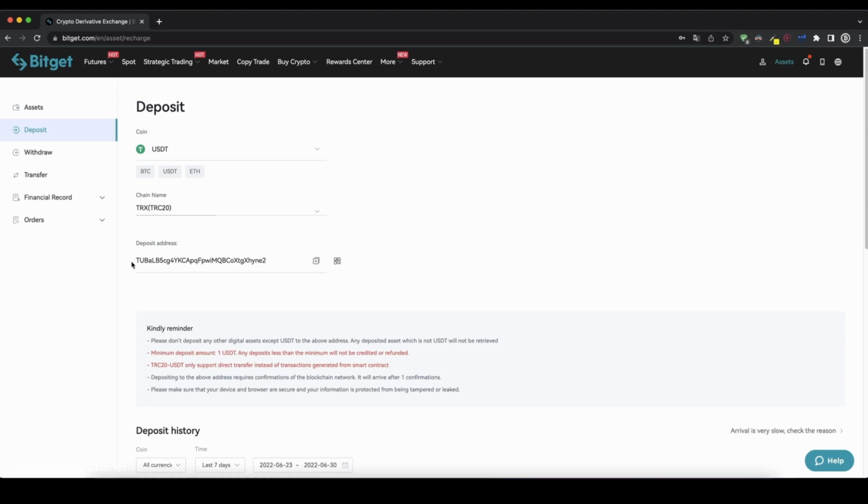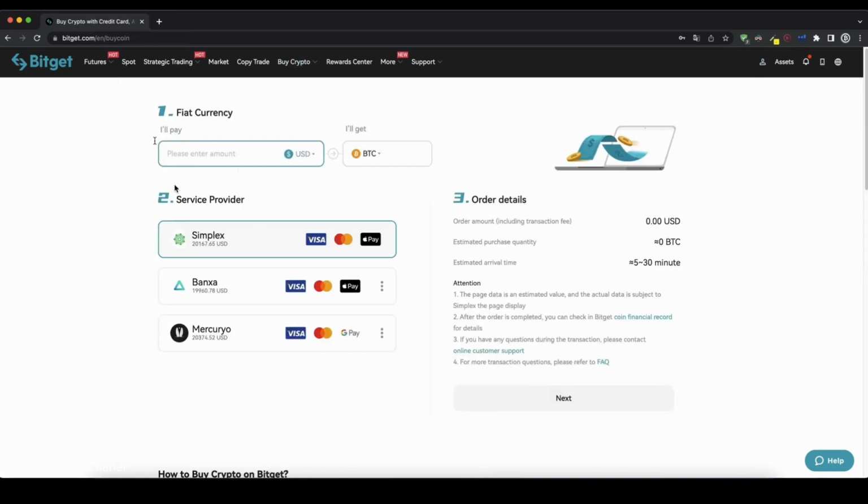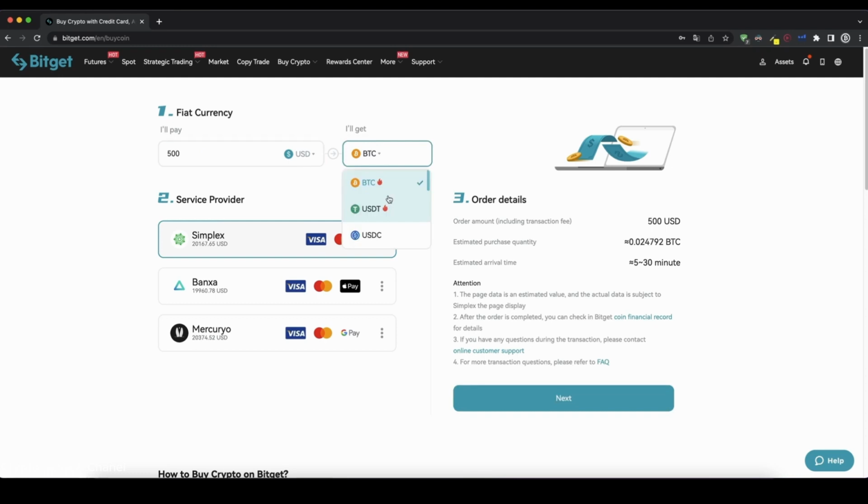Deposit with crypto money. You also have the option to, of course, deposit with fiat money, but the problem is that first of all you have to verify your identity, which you can do by running through this process, uploading your ID card and so on. After you've done that, you can use some third-party services to deposit money on here. But the problem with this is that you will have pretty high fees.